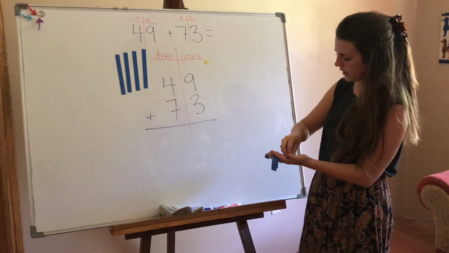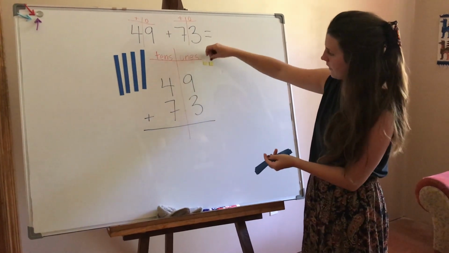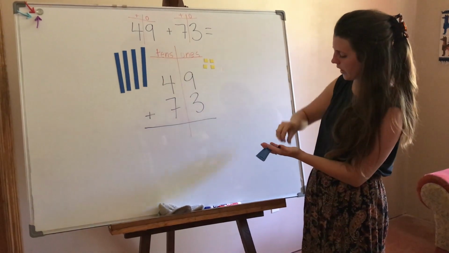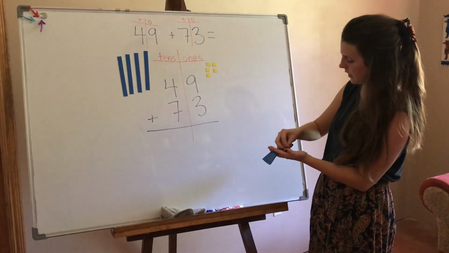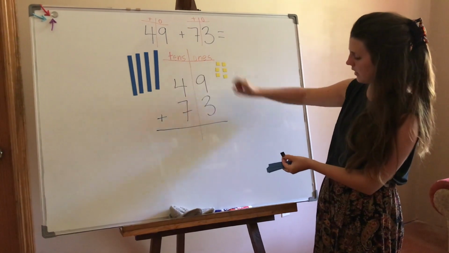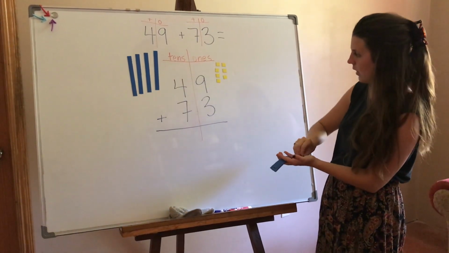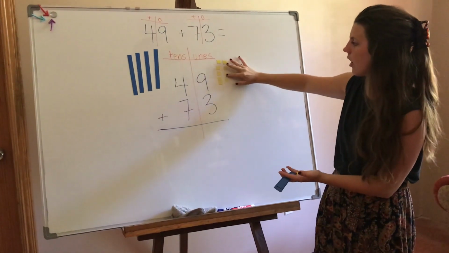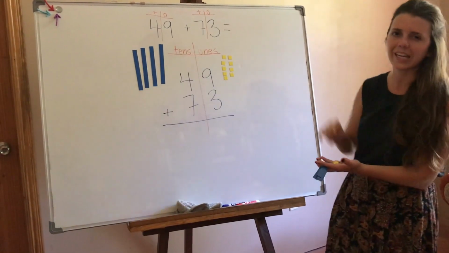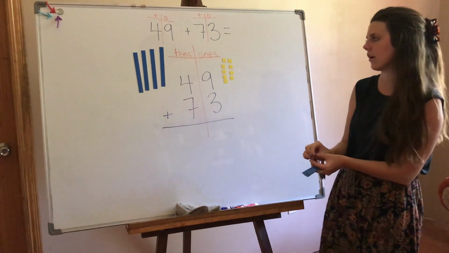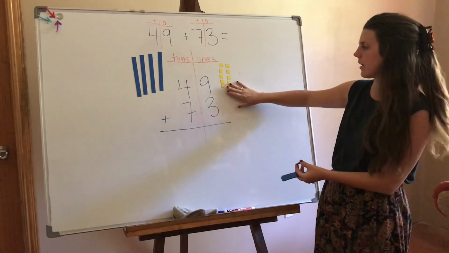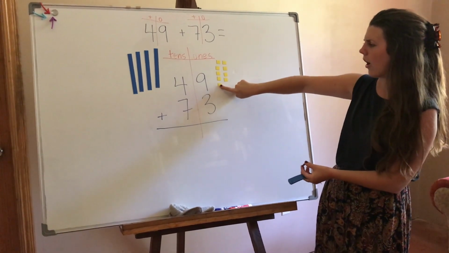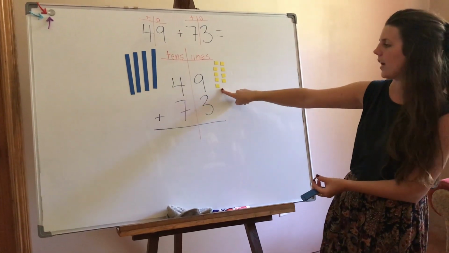I have 1, 2, 3, 4, 5, 6, 7, 8, and 9. So those are Mr. Chase's mangoes. Does he have an even or an odd number of mangoes? I hope he said odd because 9 is odd and this one is all by himself.